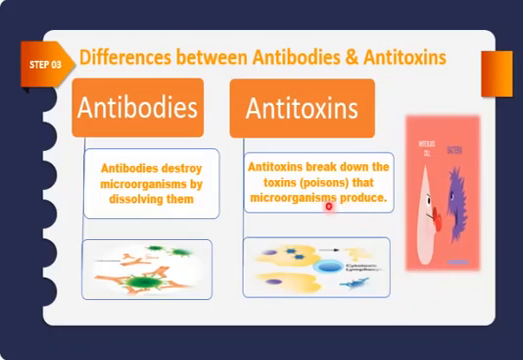Antitoxins, produced by the white blood cells, purify the blood from these poisons. So that is the function of antitoxins. So here was the difference between antibodies and antitoxins, that you can learn from your book as well, and you can understand it by watching this video lesson.